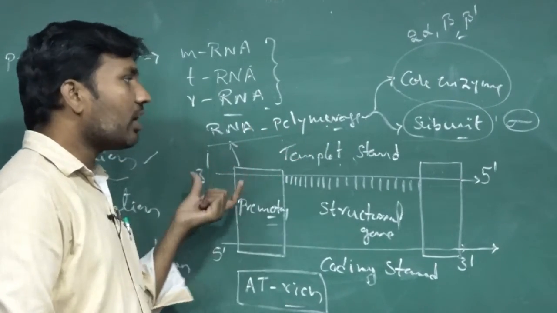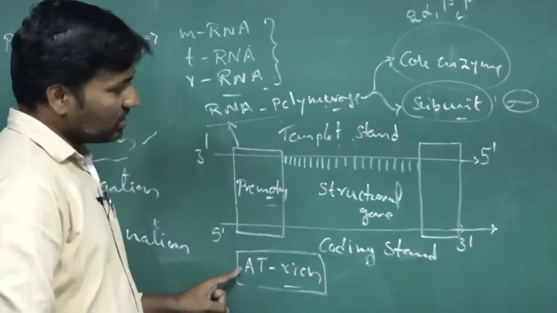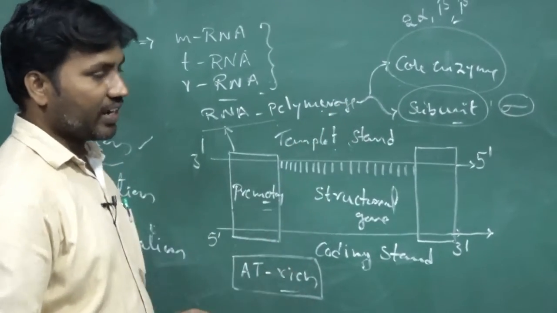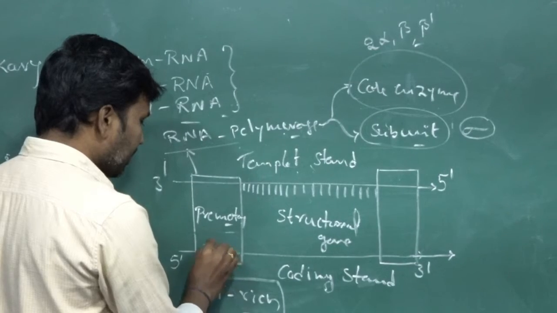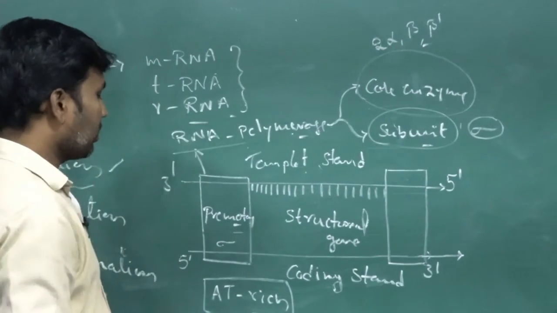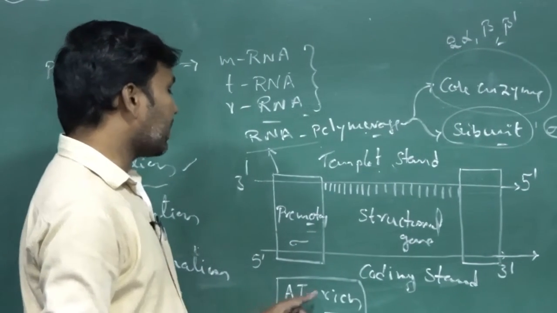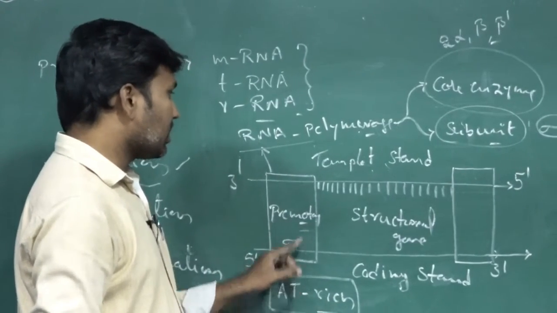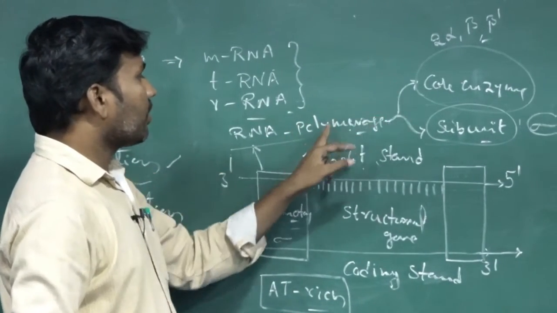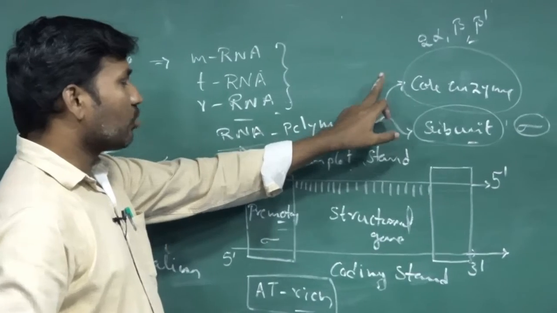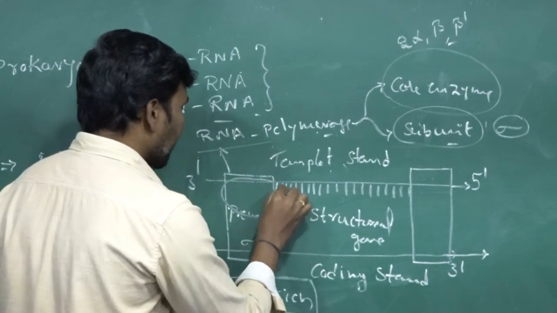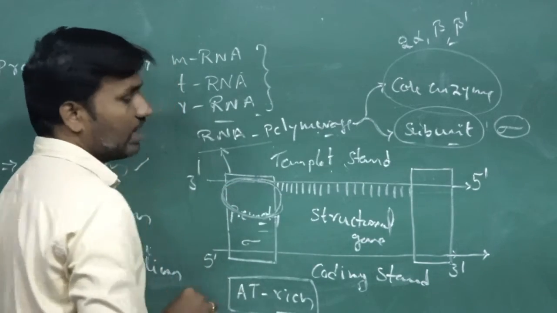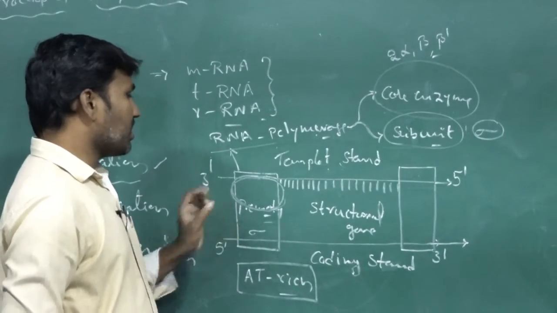The sigma factor recognizes this specific sequence. When the sigma factor recognizes the adenine and thymine rich sequences in the coding strand, the RNA polymerase core enzyme comes and binds to the region of the template strand. This is called initiation.